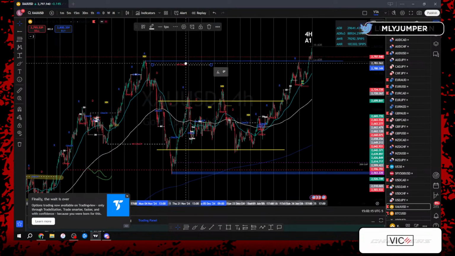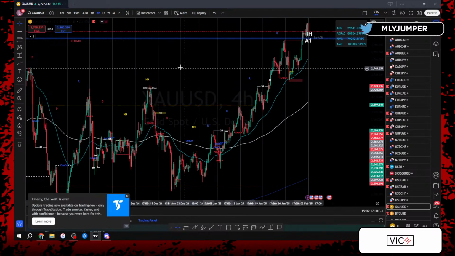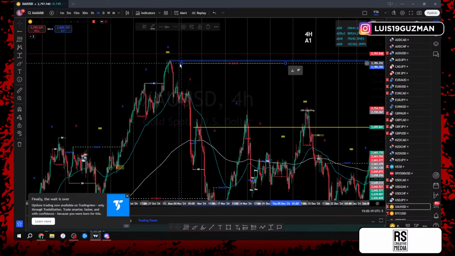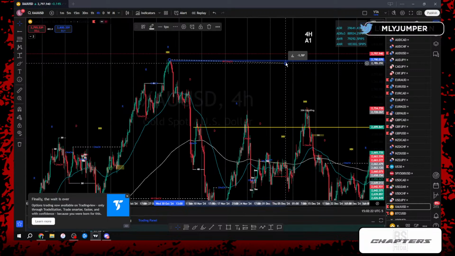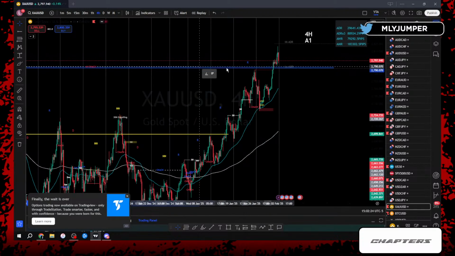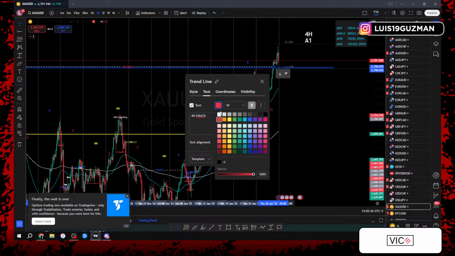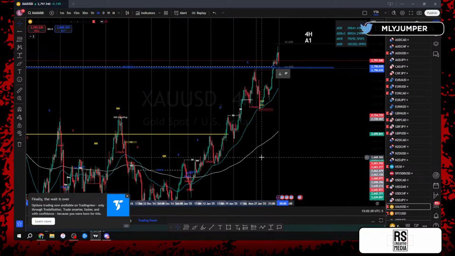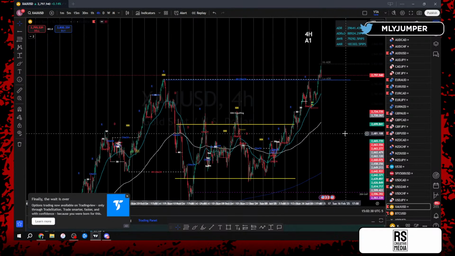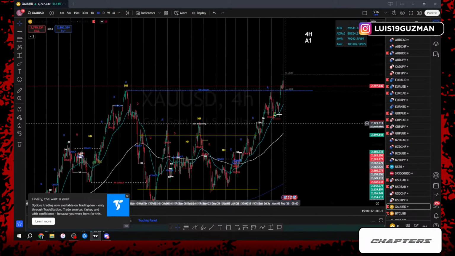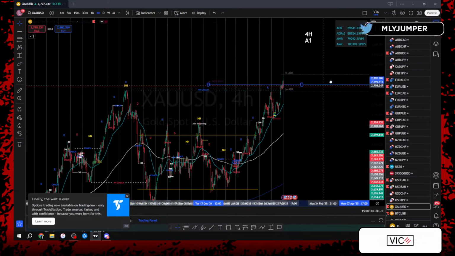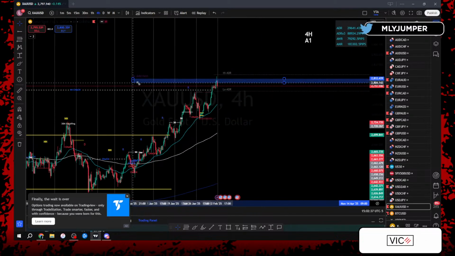Right, so we're trading between this change of character over here. Right, we know that we're trading now between this 4-hour low and this 4-hour higher high over here.